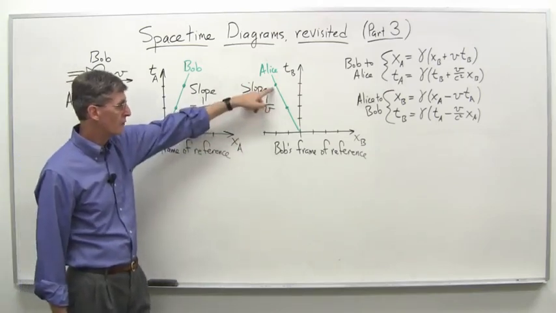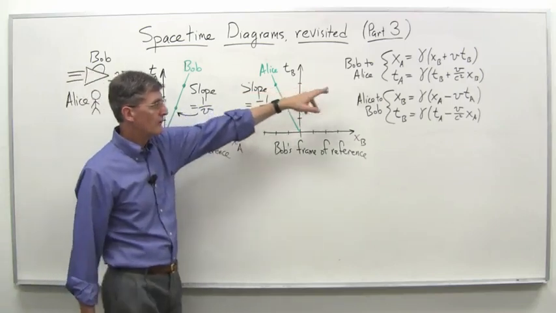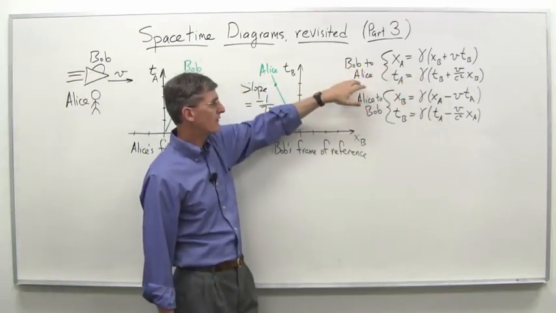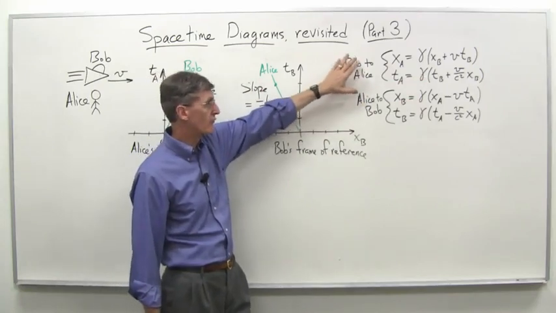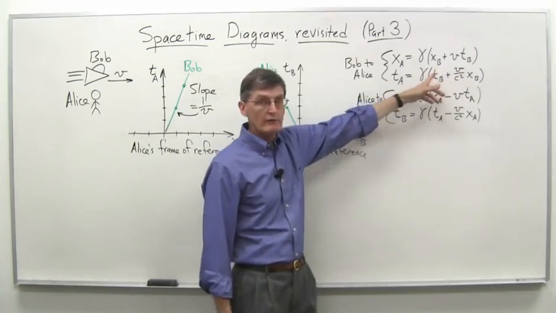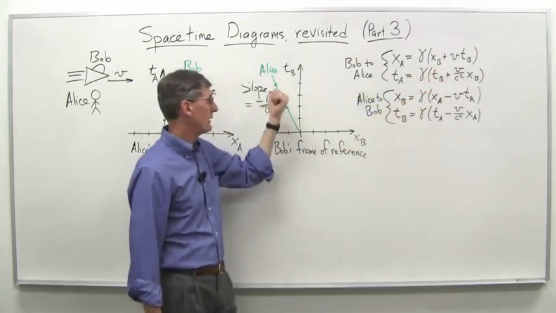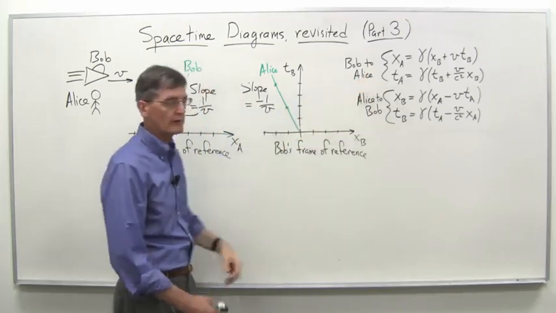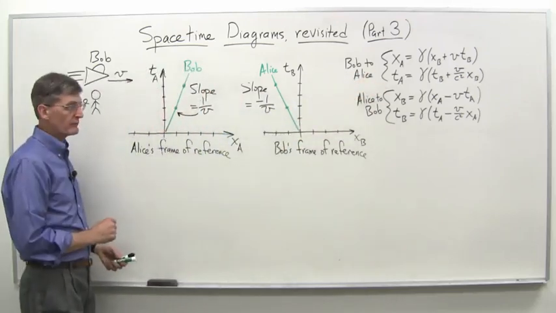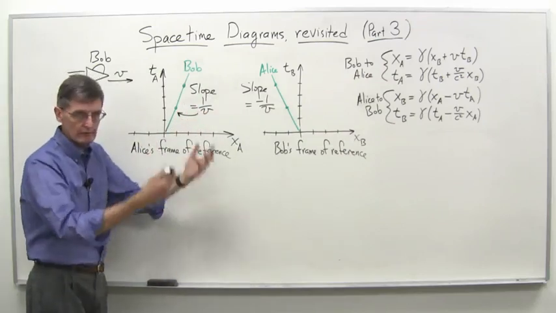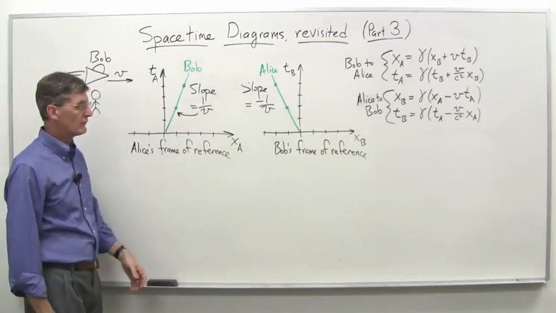So I'd plug this point into the Lorentz transformation that goes from Bob's frame of reference to Alice's. This is our standard one here. We could plug in the coordinates for the point Bob measures in his frame of reference and find the corresponding coordinates in Alice's frame of reference. Obviously we need v, so we could calculate gamma and do the calculations to get the actual results.